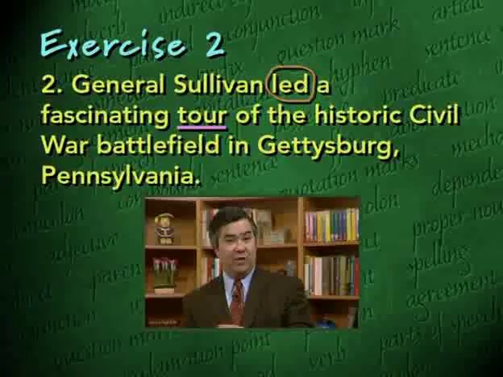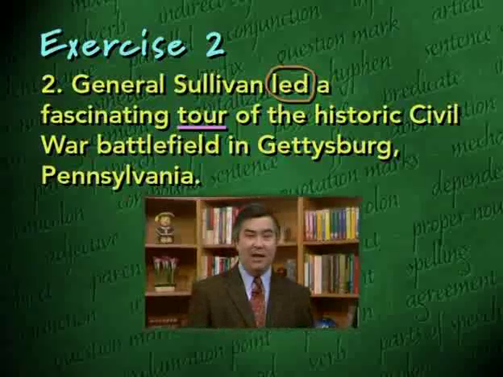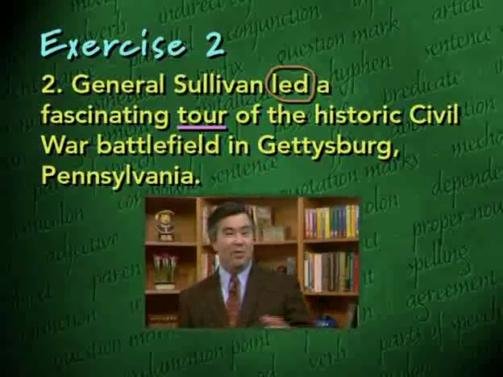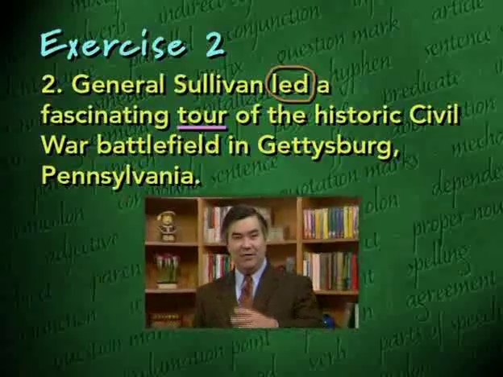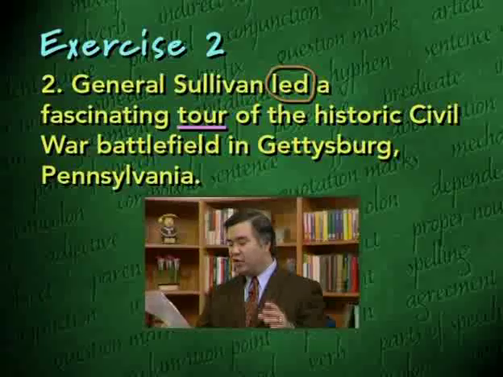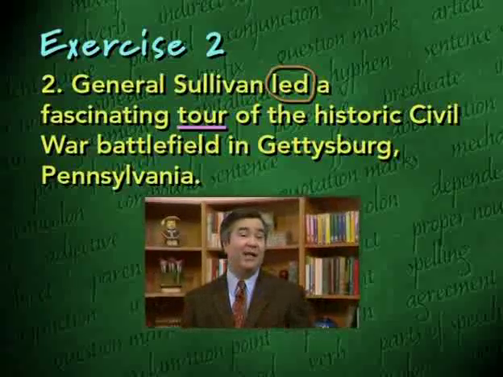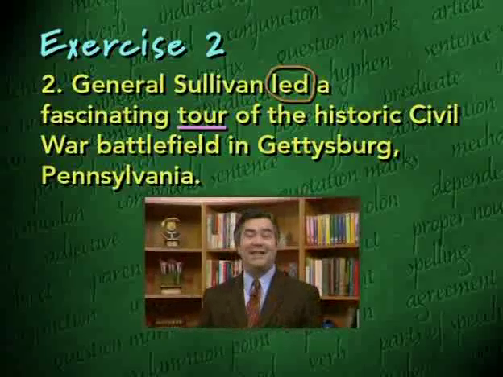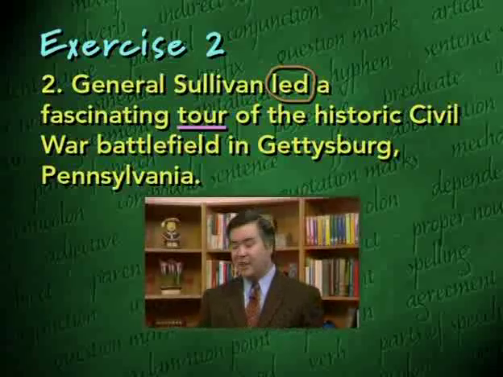The prepositional phrase may give more information about the object, but the prepositional phrase will never contain the object of the verb. That's how we know that those words, of the historic Civil War battlefield in Gettysburg, Pennsylvania, don't contain the direct object. The direct object is the word tour.